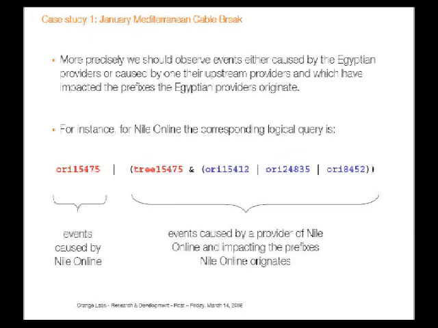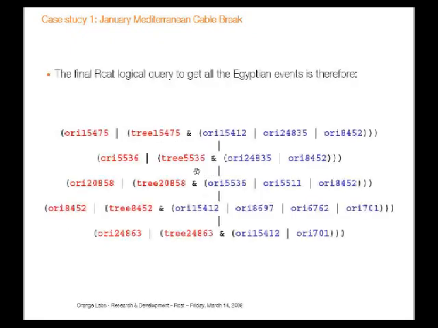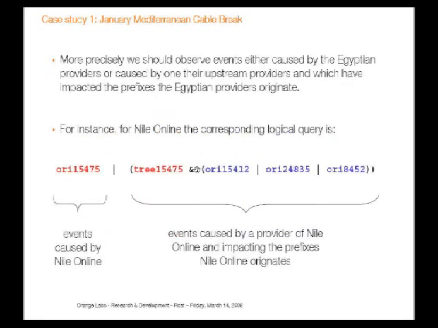So for instance, for Nile Online, we're going to build the following logical query. We're searching for events caused by Nile Online itself, or events which have impacted the prefixes it originates and which have been caused by at least one of its upstream providers.